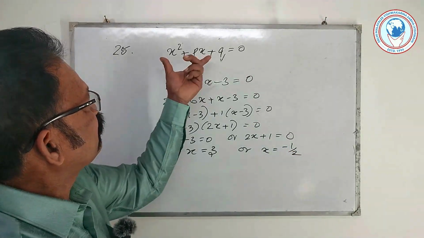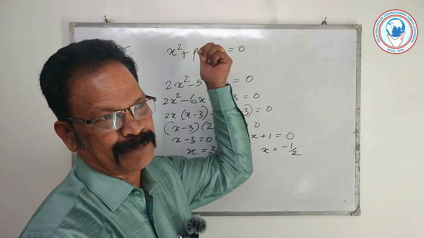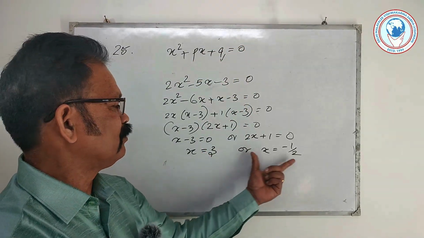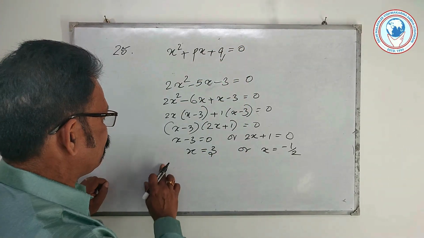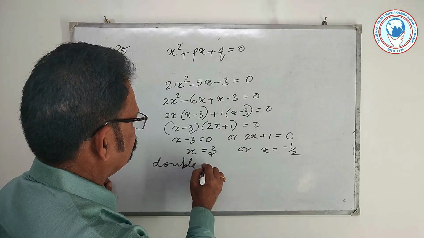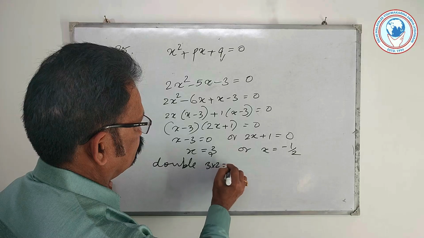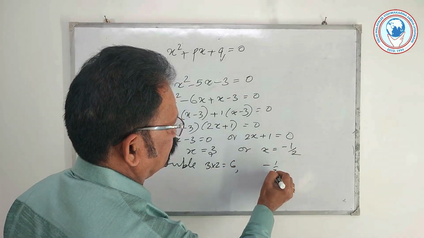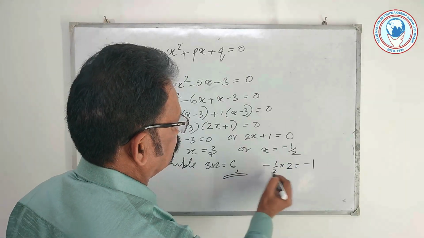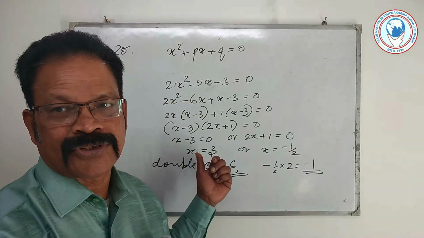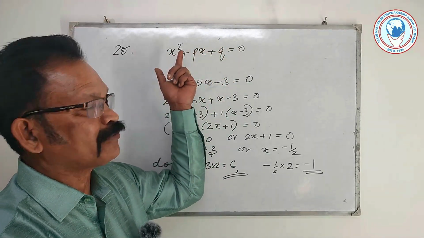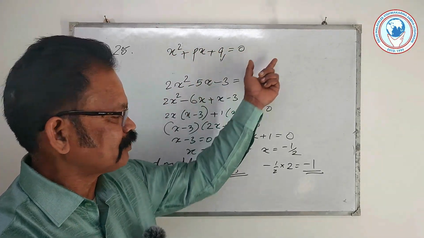Given that the roots of the equation x square plus px plus q is equal to 0 are double the values of these roots, that is, 6 and minus 1, so 6 and minus 1 are the zeros of x square plus px plus q is equal to 0.